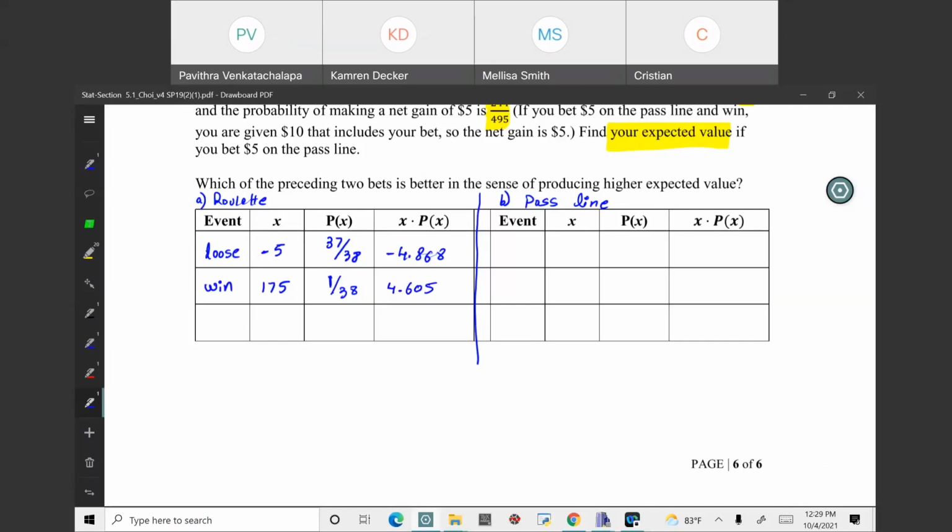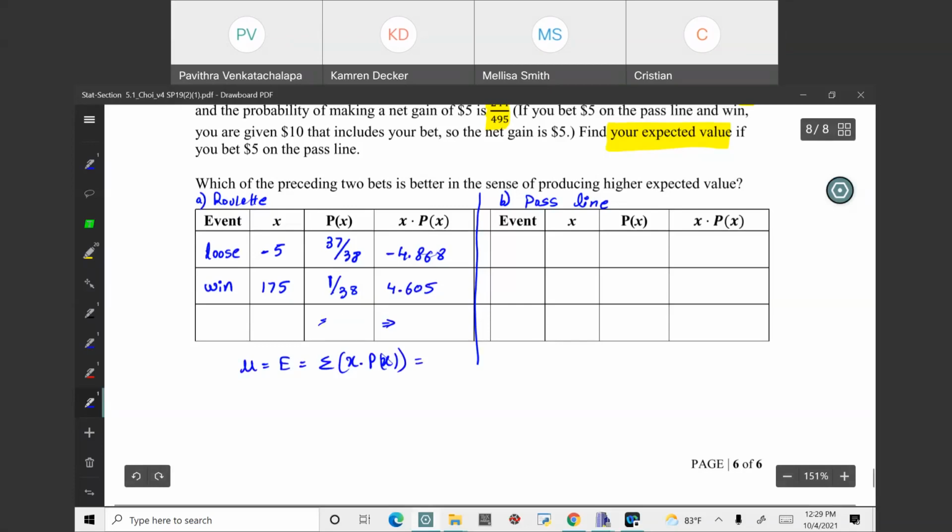Add. Mu, or it is also called E, is nothing but the summation of x into p of x. How much do you get?